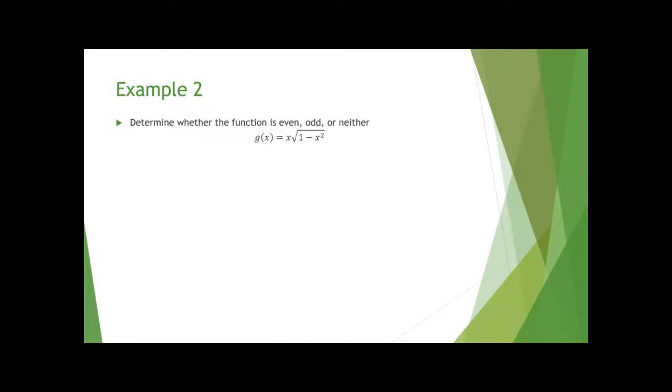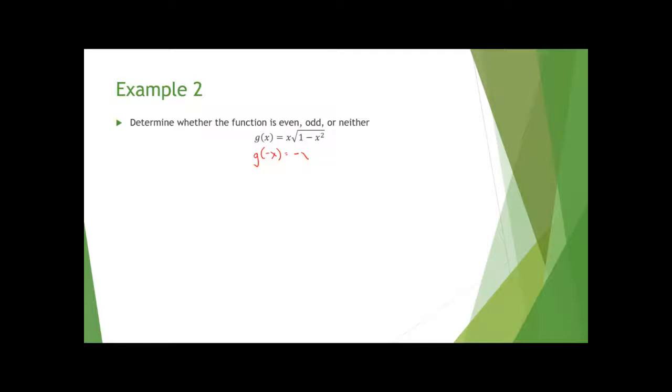So here I have one where we're going to determine if the function is even, odd, or neither. And we're going to do this algebraically. The rule is you plug in -x into your function, and then you see what happens. So I'm going to plug in -x everywhere I see x.